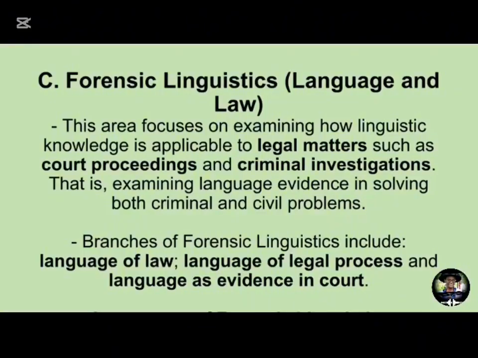Now, there are some branches of forensic linguistics that we'll focus on. It will include language of law, language of legal process, and language as evidence in court. We'll also move over to looking at the importance of forensic linguistics in general, specifically in Nigeria.